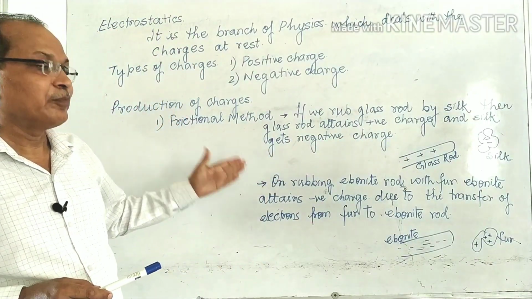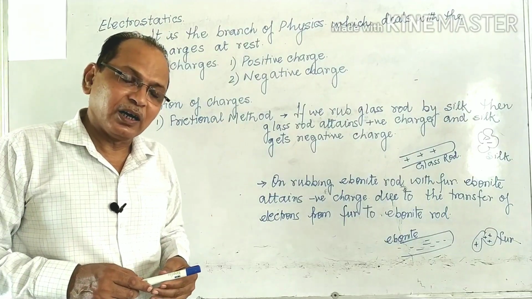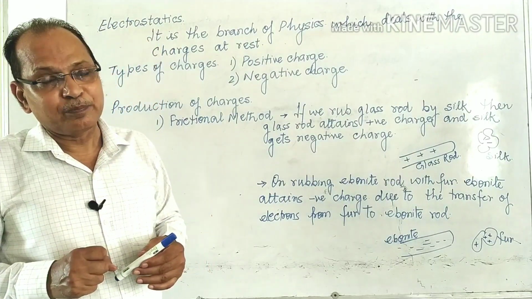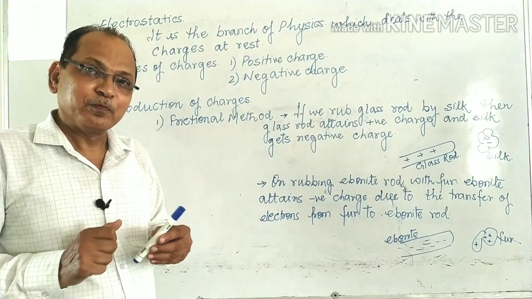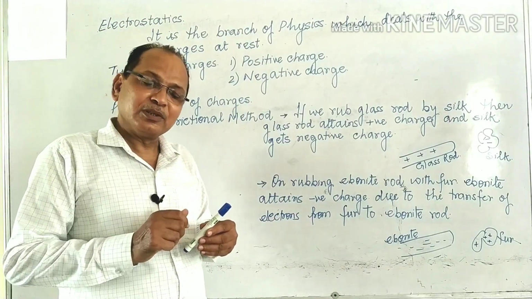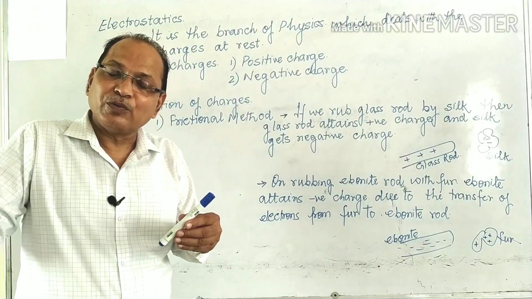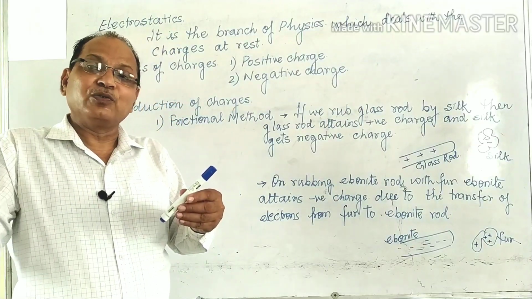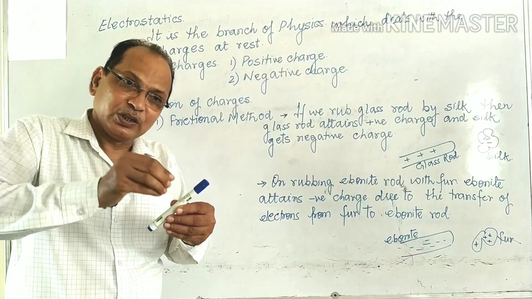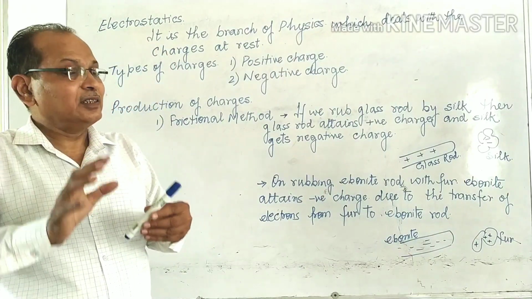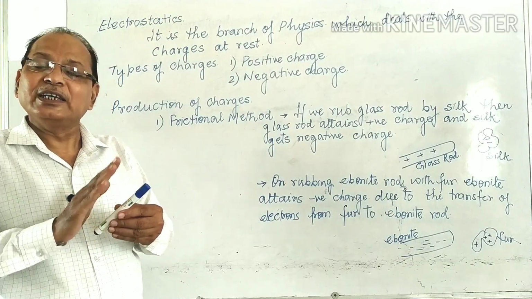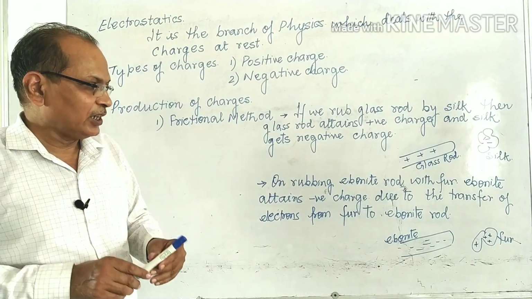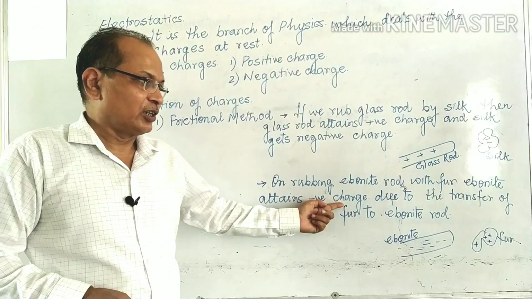On the other hand, if we rub an ebonite rod with fur, then what happens? Electrons get transferred from the fur to the ebonite rod, as a result of which the number of electrons on the ebonite rod increases and the ebonite rod attains negative charge.